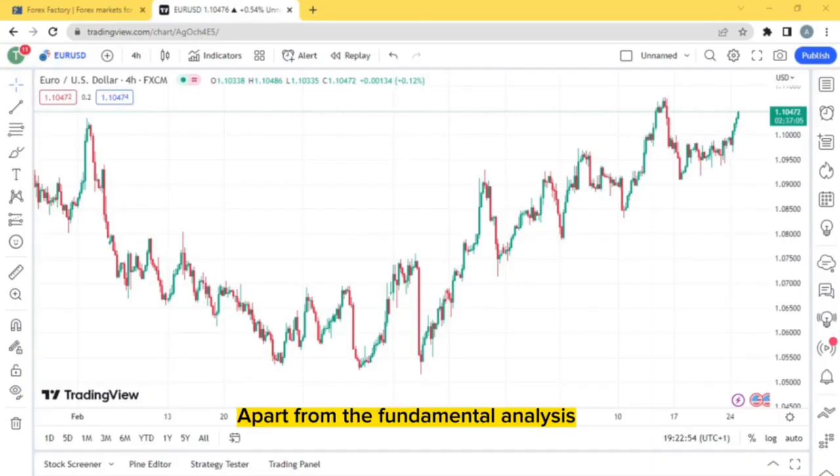Apart from fundamental analysis, another way to trade the EURUSD is through technical analysis. And we know that technical analysis involves studying price charts and using technical indicators or structures to identify patterns and trends in the market. For example, in a nutshell, if the EURUSD is trading in a bullish trend, making a series of higher highs and higher lows, we'll be looking to buy at different levels that coincide with the trend.